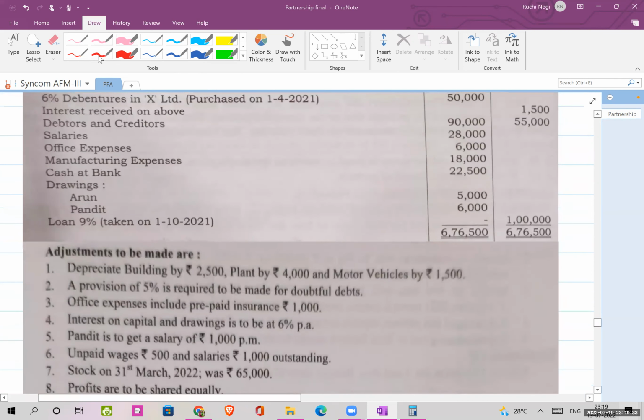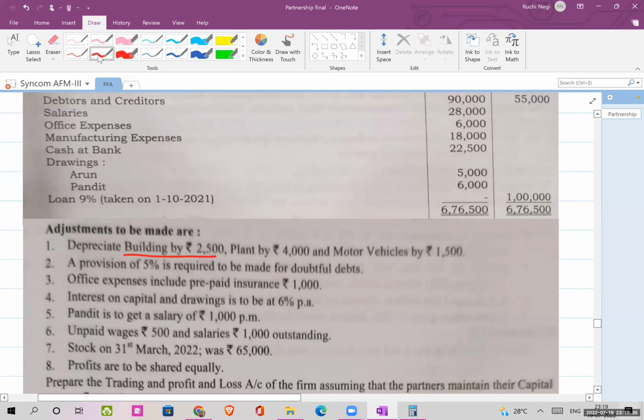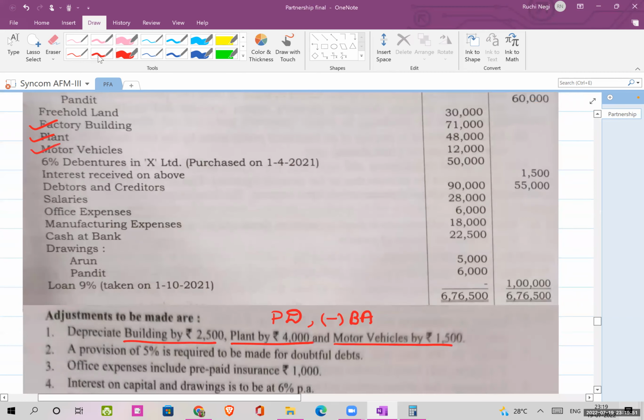This depreciation on building, plant, motor vehicle will be P&L account debit side and less from the respective asset, balance sheet asset side.